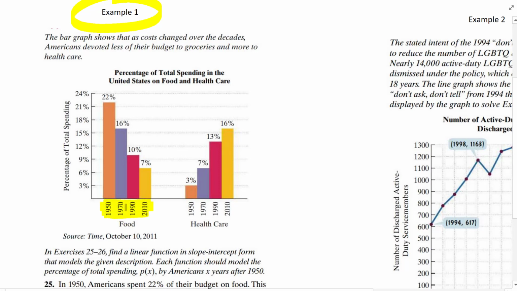It's time, right, the years, and when the food was spent and the money was spent for healthcare. The y-axis is percentage of total spending. So basically in 1950, the percentage of total spending was 22%. In 2010 it was 7%, while in 2010, 16% was spent on healthcare.